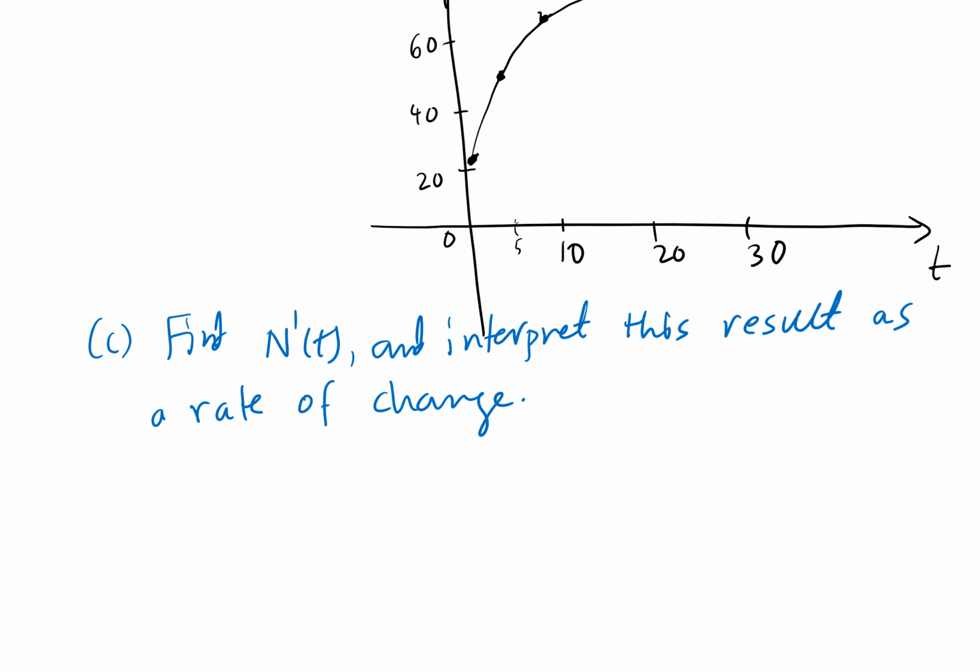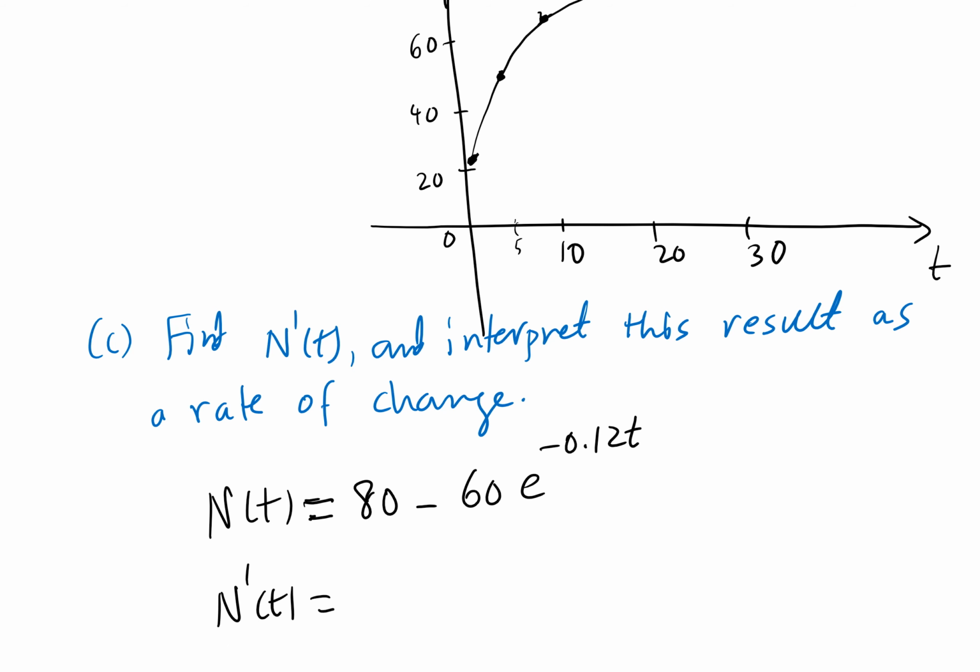Assuming everyone's done copying. Again, n of t was, just to rewrite, 80 minus 60 e to the negative 0.12 t. We can find n prime of t. This is 0 minus 60.